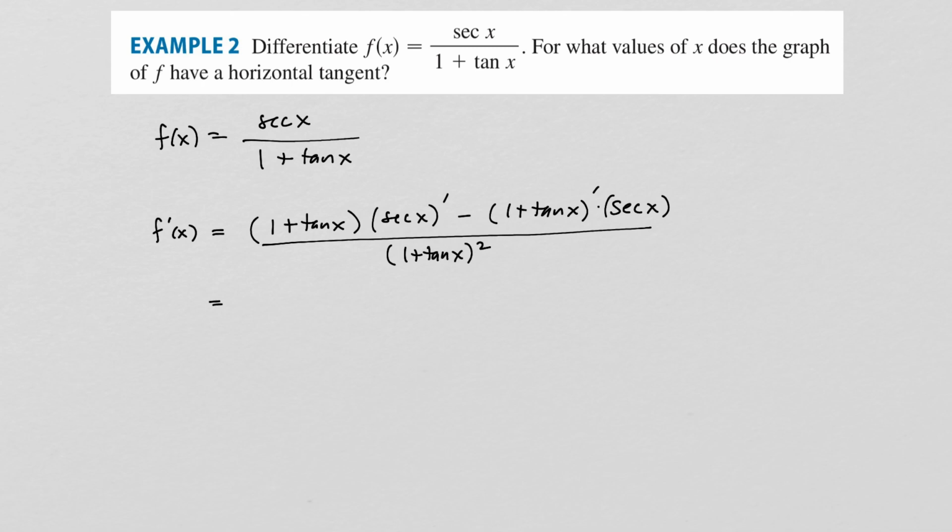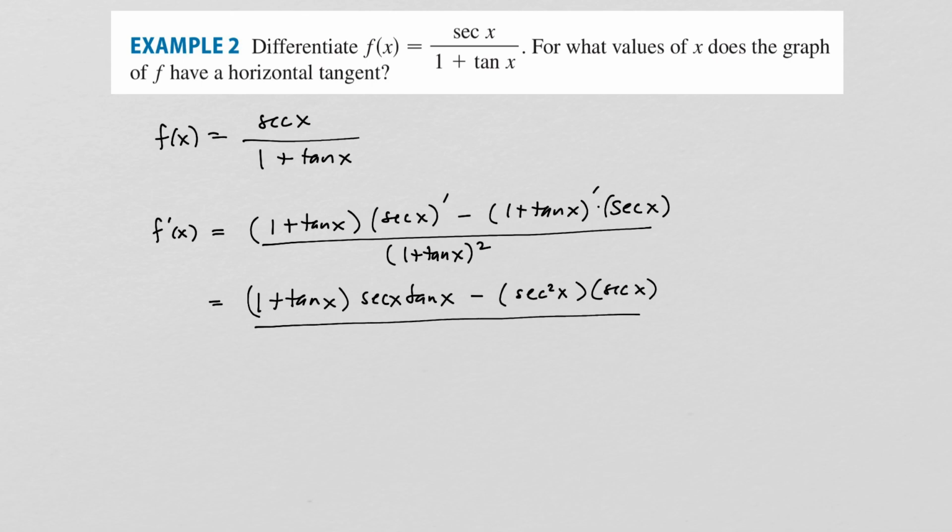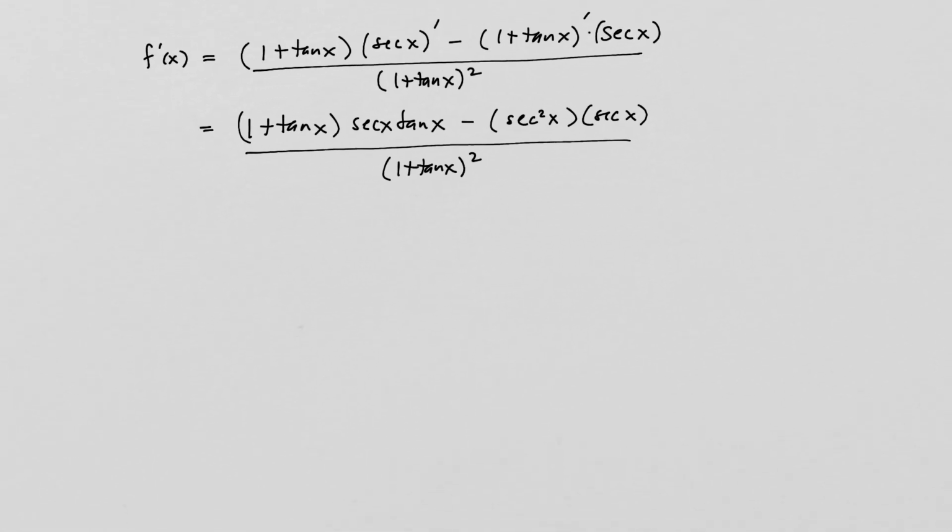Now, if we do the math on this, we get 1 plus tangent of x multiplied by the derivative of secant, which is secant of x tangent of x, minus 1 plus tangent of x, derivative of that. So the derivative of 1 is 0. Derivative of tangent is secant squared. So we have secant squared of x, multiplied by secant of x, all divided by the bottom function squared. Now let's go ahead and simplify further.